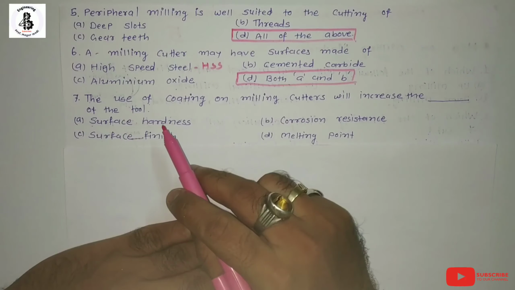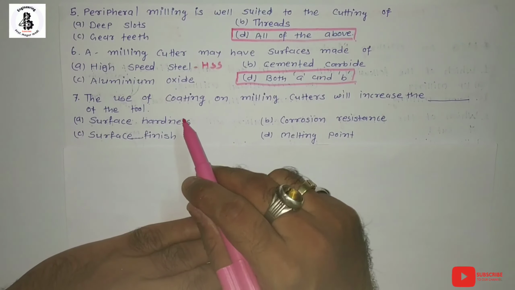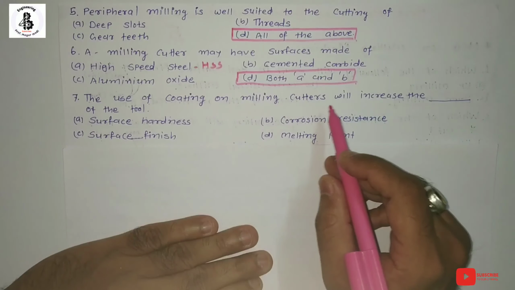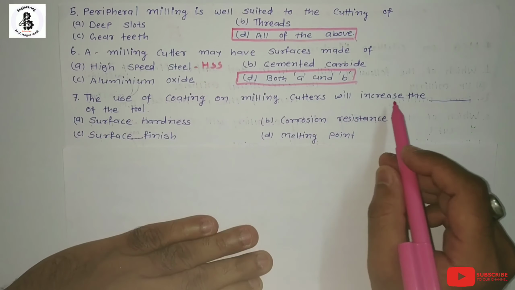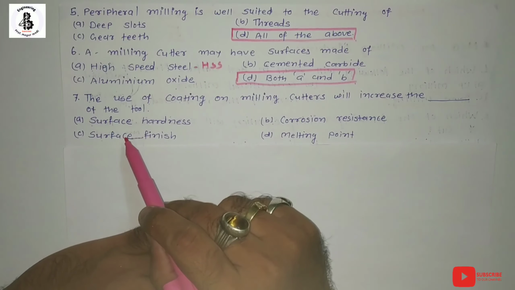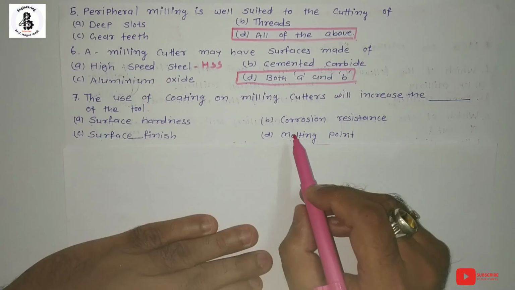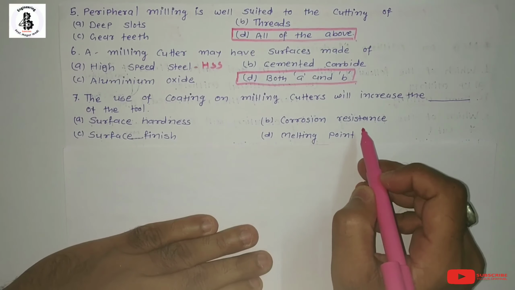The next. The use of coating on a milling cutter will increase which kind of characteristic of the tool? Option A, surface hardness, option B, corrosion resistance, option C, surface finish, and option D, melting point.